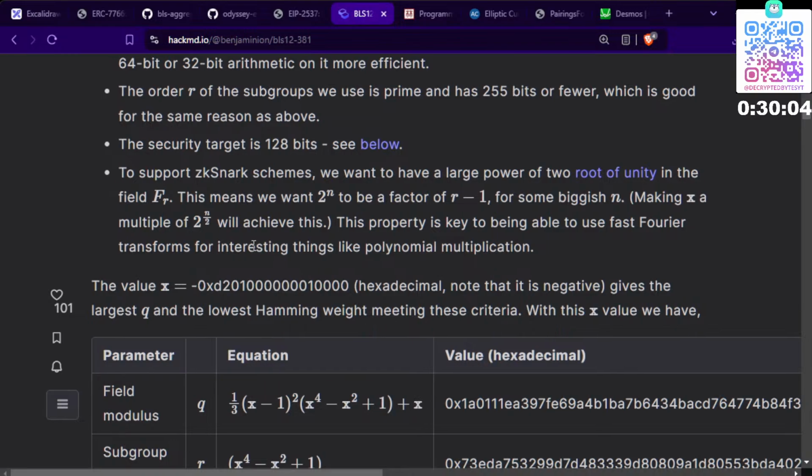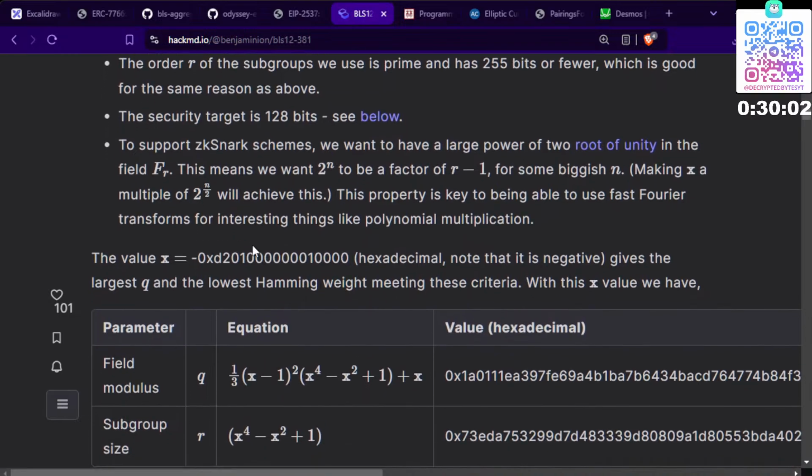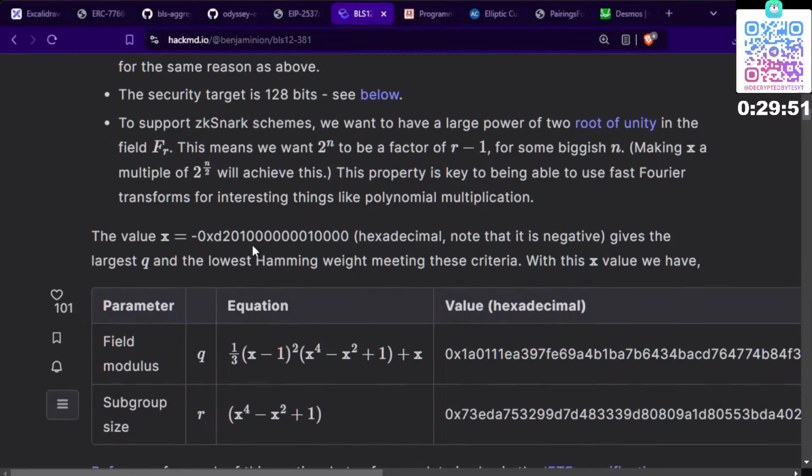To support ZK-SNARK schemes, we want to have a large power of 2 root of unity in the field Fr, which means we want 2 raised to n to be a factor of r minus 1 for some biggish n.